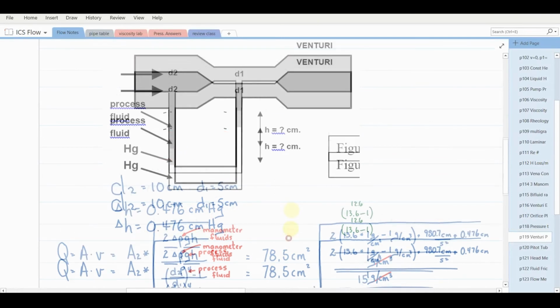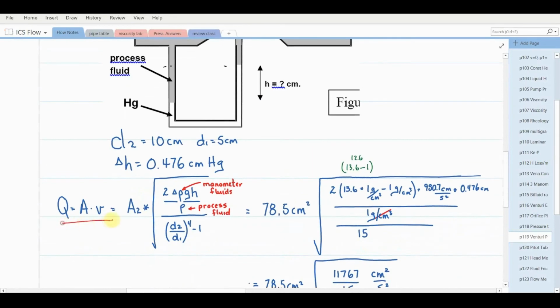We use the very same equation without the coefficient of discharge in it. We need the cross-sectional area. It's the same as in the previous problem. Pi times d squared over 4 came out to 78.5 square centimeters, times the root of 2. Now here's where the difference is.